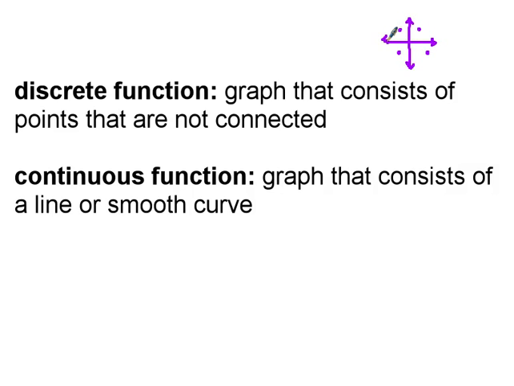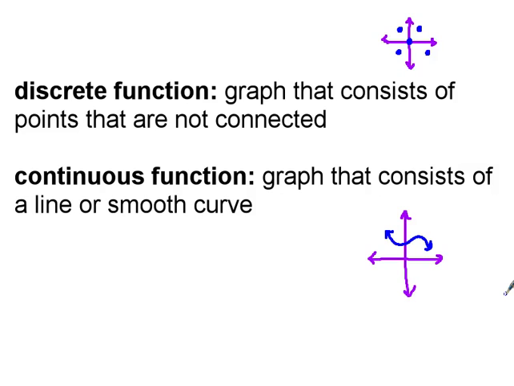Okay? A continuous function, on the other hand, is going to look something like this. Let me mark those in blue so that they stand out a little better. Okay, so that's the difference between a discrete and a continuous.